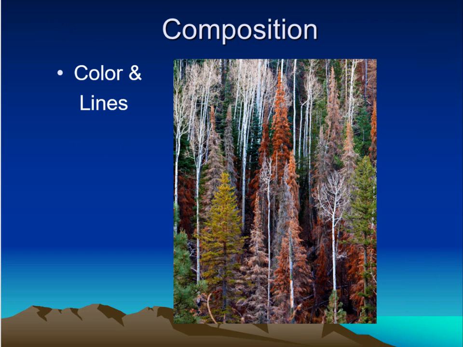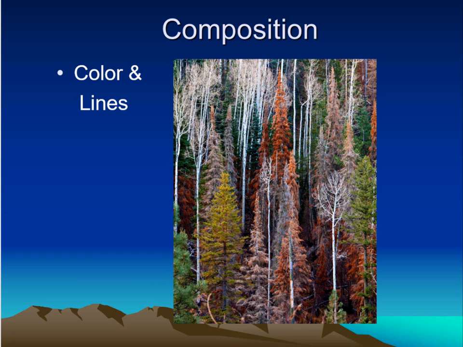Then lines and colors, and you could even probably call this patterns and textures. I think this image has worked pretty well for including a lot of ingredients. You've got your whites, your greens, your oranges, some browns, and so on. This is a pattern that's very chaotic in a lot of ways, but when I'm shooting it, I'm thinking that I'm including some compositional elements.